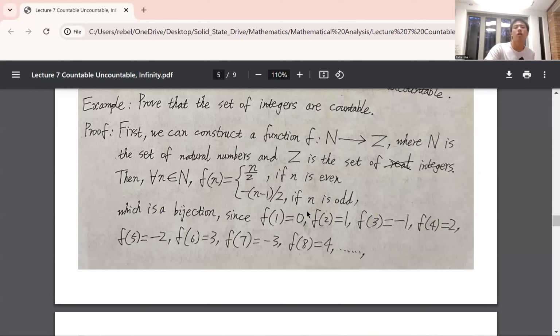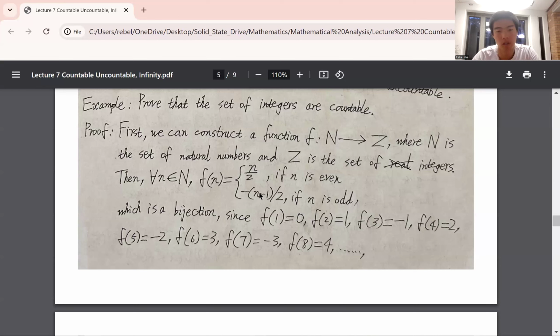And this is actually a bijection because we can show a very interesting story. It goes from the smallest n, because by the well-ordering principle, it must have a smallest element. So it goes from smallest to largest to see what this definition is.